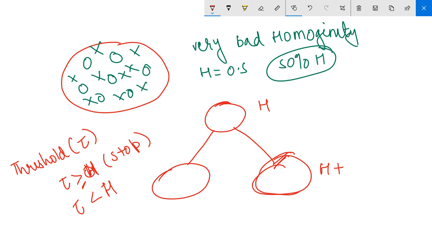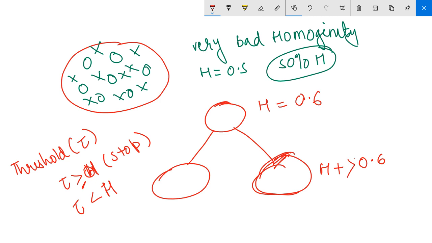I hope it is clear up to this. So this is basically the whole concept behind homogeneity. I hope this is clear. Whatever the value we have, let's say in our parent node we have homogeneity as 0.6, we will expect in our child node our homogeneity is at least 0.6.